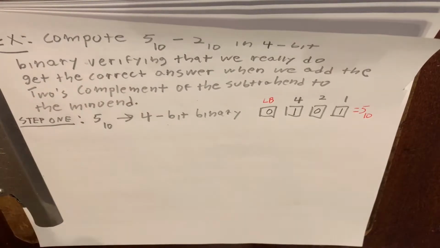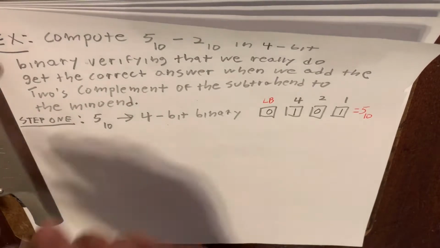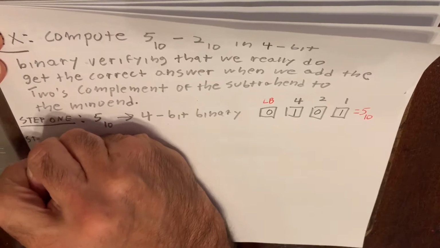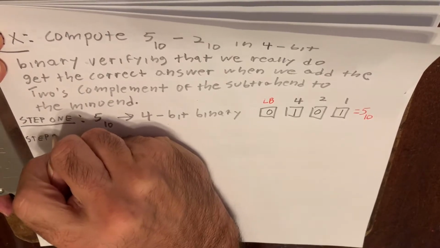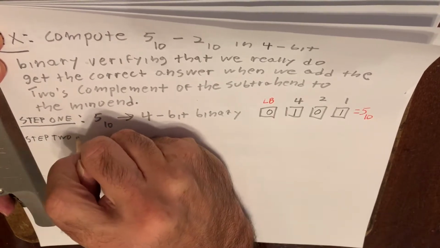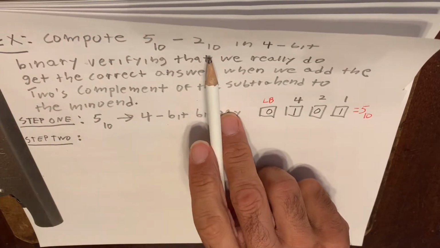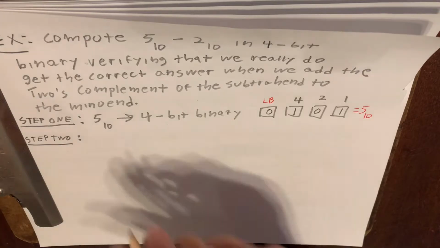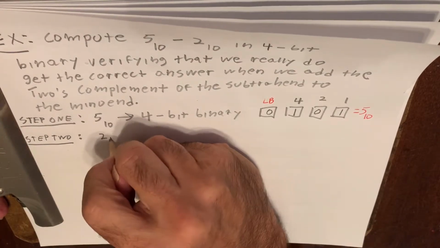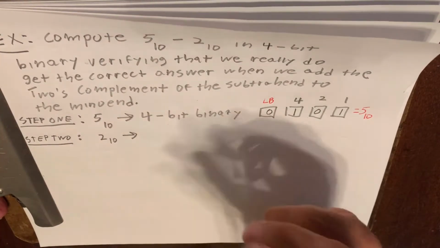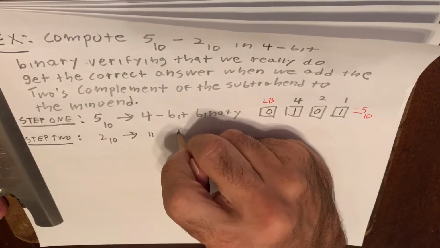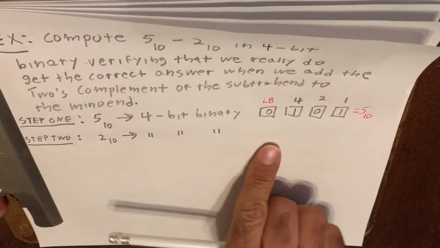Okay. So the next thing we're going to do, step 2, is we're going to encode 2 base 10 into 4-bit binary, to be precise. 4-bit binary. I'm using ditto marks.